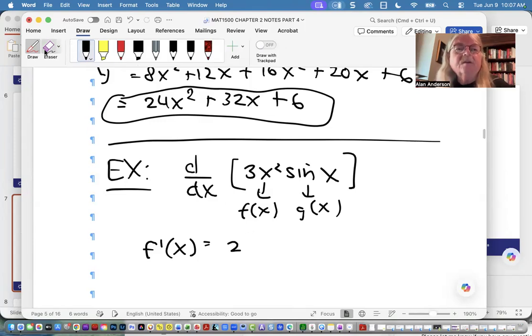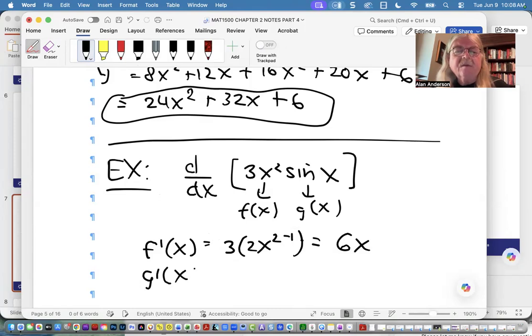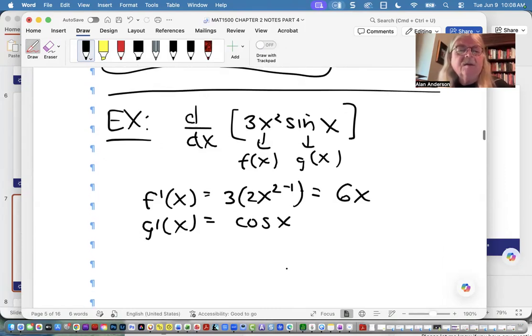Actually, the way we've been doing it, the 3 is usually kept on the outside, the constant 3. So we'll do it like that. 3, 2x to the 2 minus 1, or 6x. And then g prime of x. If you remember, I did say that eventually you'll have these rules memorized. Okay. So now we apply the rule, the product rule, that is.